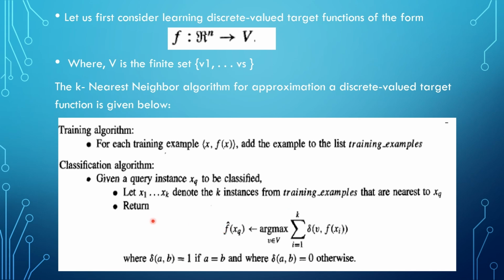So the nearest neighbor can be classified by using the following formula, where delta(a, b) equals 1 if a equals b, and delta(a, b) equals 0 otherwise. By using this formula, we can find the nearest neighbor of the given instance xq, which needs to be classified.